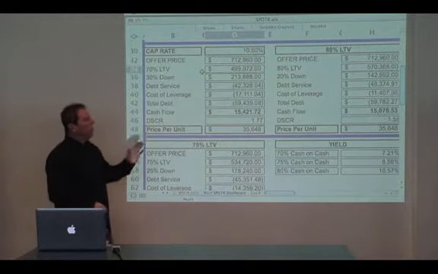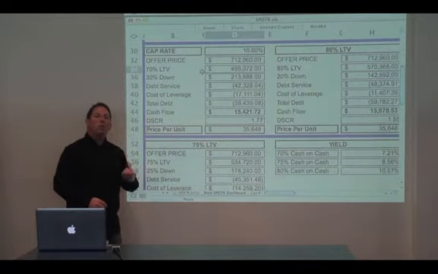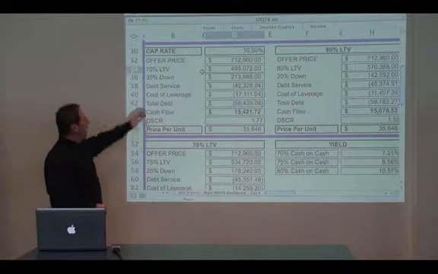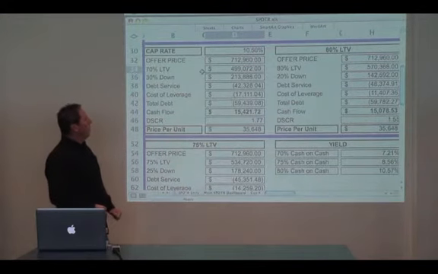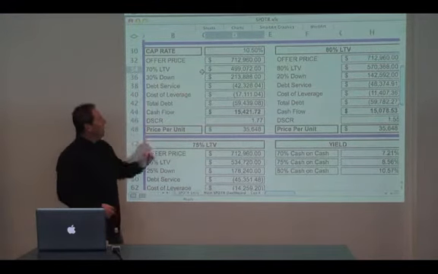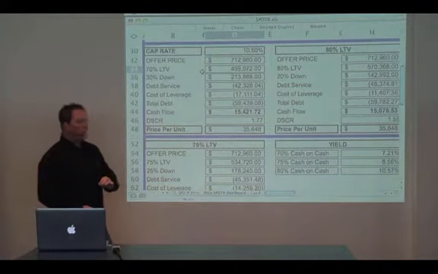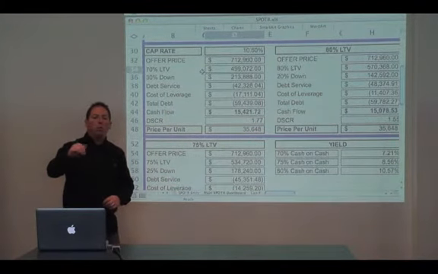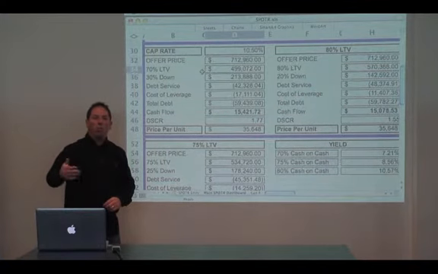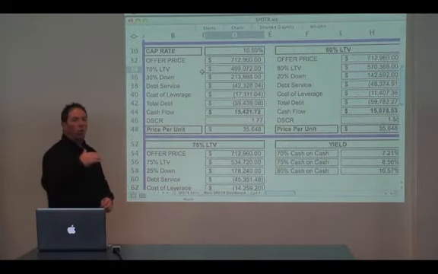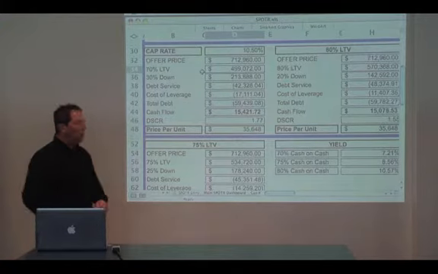That would mean that I would have $213,000 left, the 30% down. Now, it calculates automatically the debt service, and there are just a few things that we enter in there when we first get started, like what a typical interest rate would be, that type of thing. It's very easy. You can change it whenever you want. It's absolutely awesome.